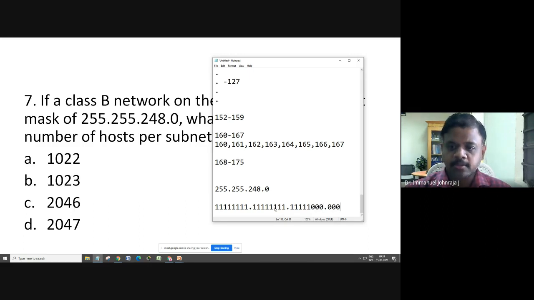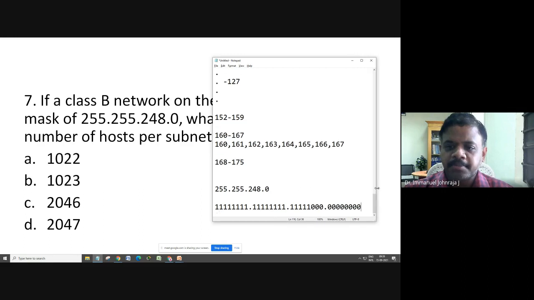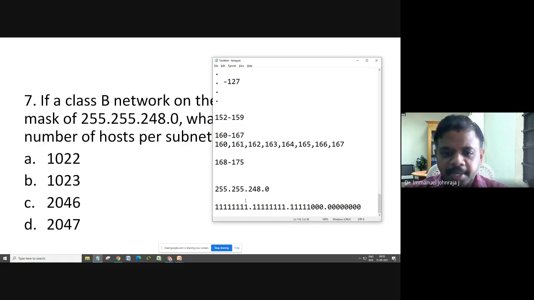Dot 00000000. This is the actual binary representation. The third one: 128 plus 64 is 192, plus 32 is 224, plus 16 is 240, plus 8 is 248. So this is the binary value.